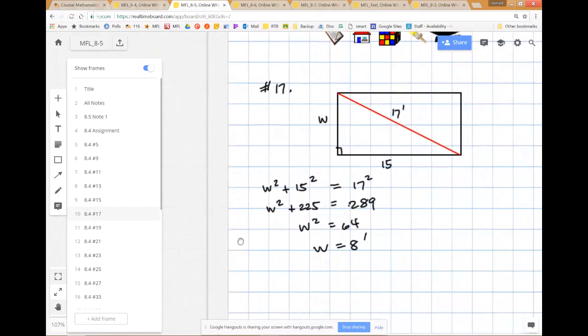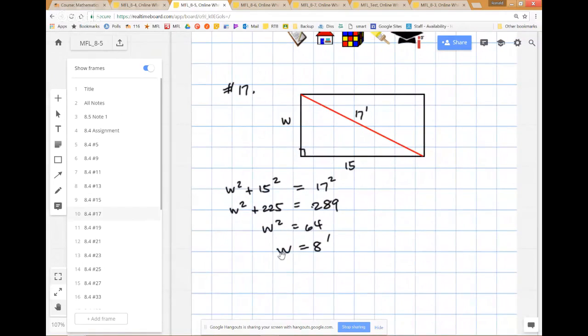Okay, so here's number 17. Now, on that problem, I've got to get my book back there. 8.5, number 17. The edge of the base of a square pyramid is 4 inches.